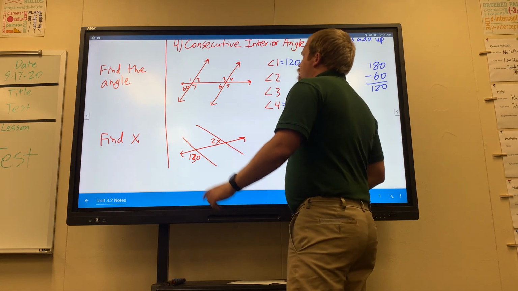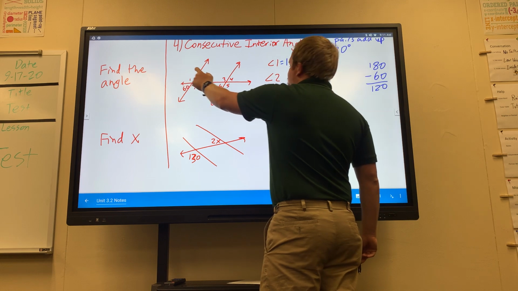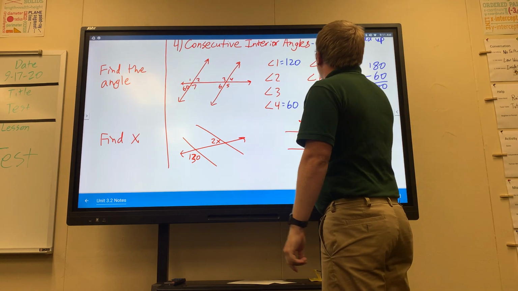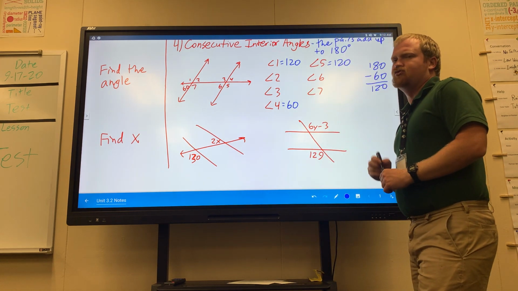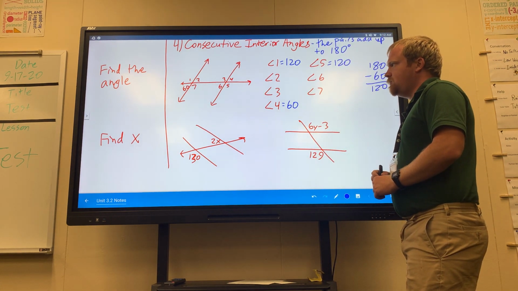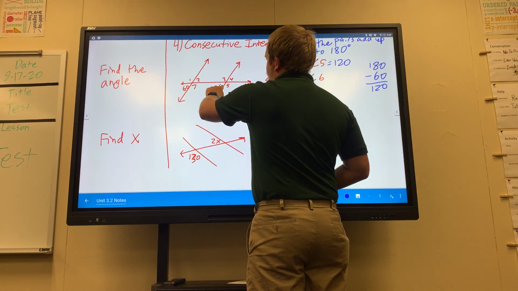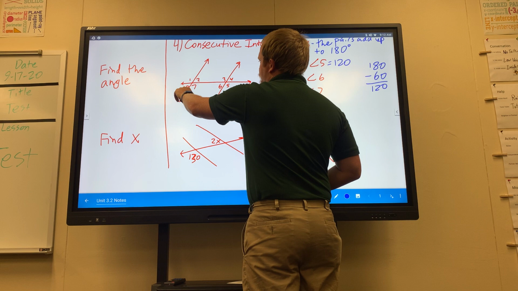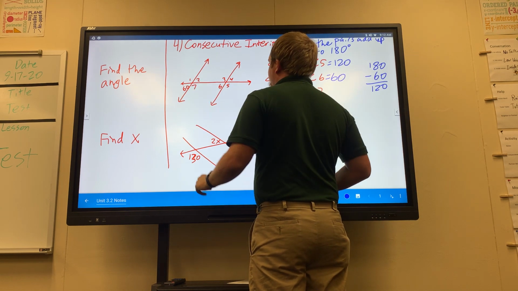Now, what's the alternate exterior angle for angle 1? It's going to be angle 5. Therefore, angle 5 is 120 degrees. Now, angle 6 is a corresponding angle to here. So I know angle 6 is going to be 60 degrees.